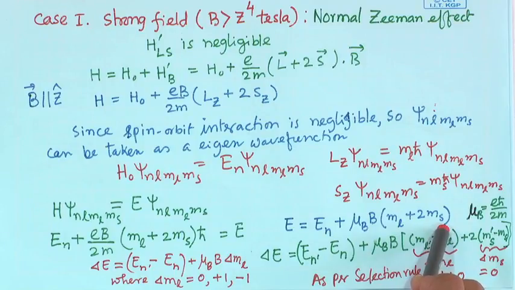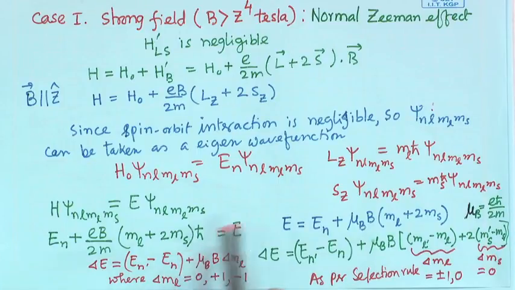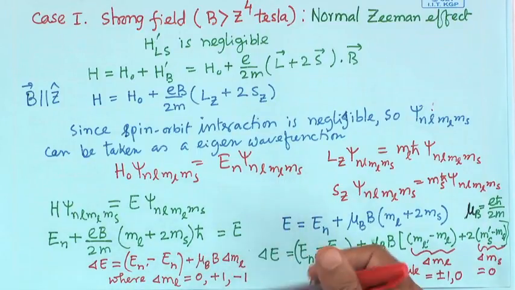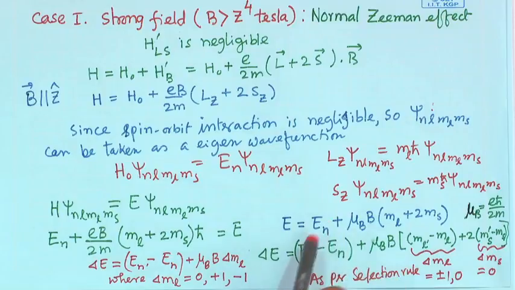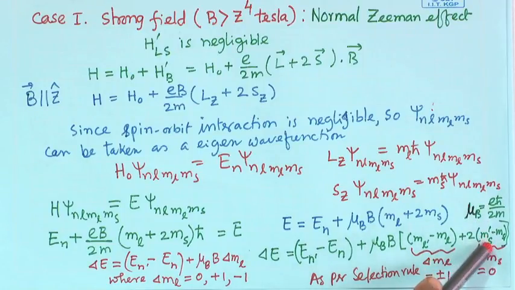the change of energy level due to the magnetic field. Now, spectral lines are basically the transition between two energy levels, right. So the energy of the spectral lines will be del E equal to E n dash minus E n plus mu b B times (m l dash minus m l plus 2 (m s dash minus m s)).